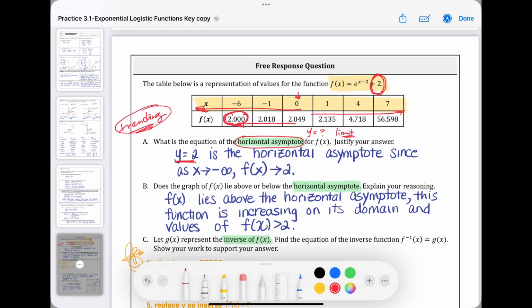Part B, does the graph lie above or below the horizontal asymptote? You know that it's a picture of an exponential function, and we said y equal to 2 is my horizontal asymptote. So do you think my graph, the actual picture, will be above the horizontal asymptote, or below?